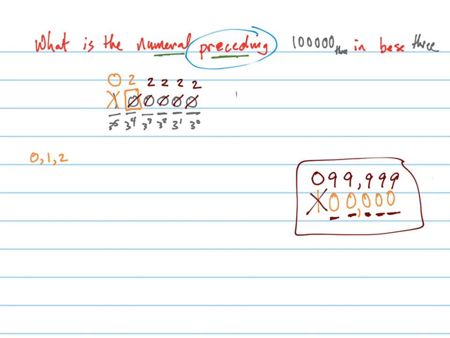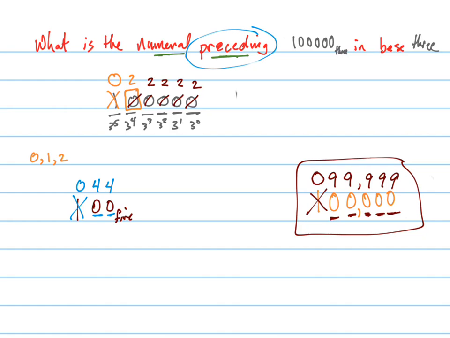If you wanted the number before 100 in base 5, you would borrow from the 1, turning it into a 0, and make these the biggest they could possibly be. And in base 5, what's the biggest they could be? 4. It would be 044 if it was a base 5 system and they wanted the number before it.